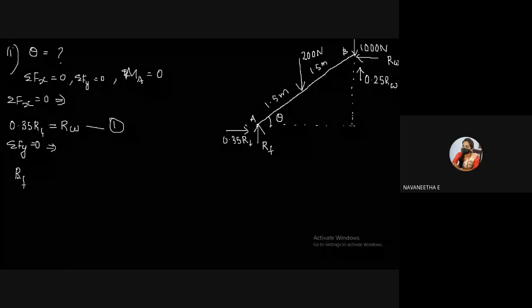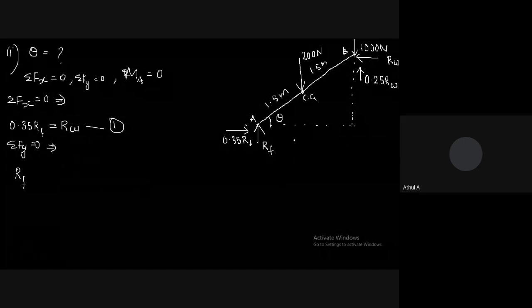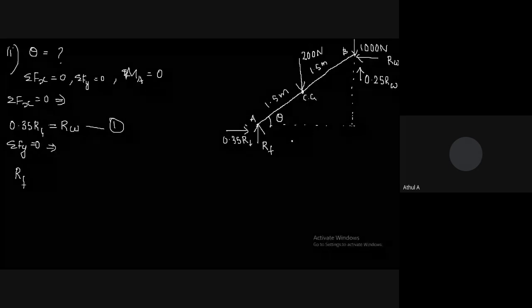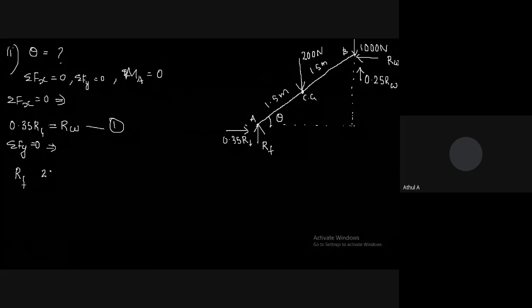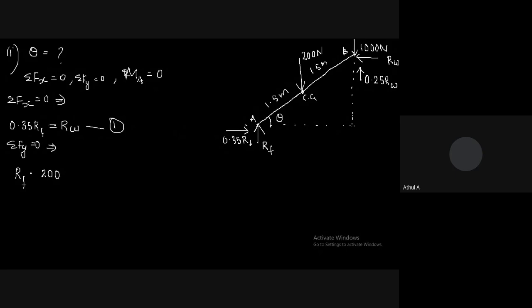Okay, then next, while considering the center of gravity, 200 Newton weight itself is acting in y direction, in the vertical direction. So 200 Newton, positive or negative? Negative. Why is it negative? Downward.